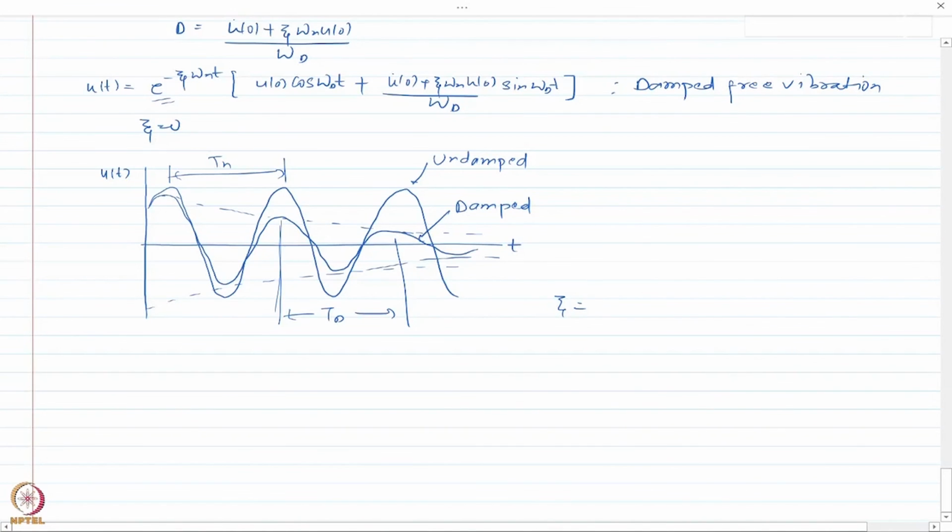And if you keep on increasing, it would reach a point where it becomes critically damped and it won't vibrate at all. So once you understand this, you can obtain the response of the system using the expression that we have derived.